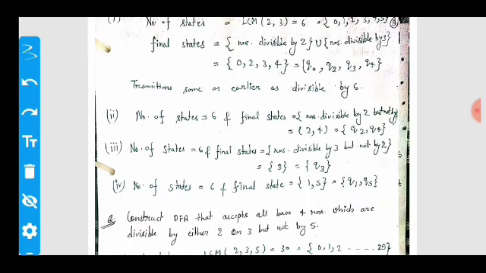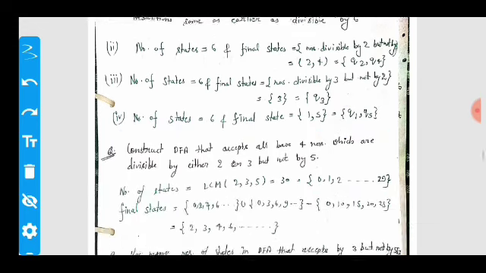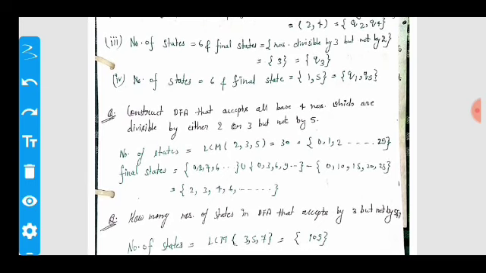Now move on to the next question. To clarify this concept easily, construct a DFA that accepts all the base 4 numbers which are divisible by either 2 or 3 but not by 5. So we take the LCM of the 3 numbers 2, 3 and 5, and we get 30. And 30 means states 0 to 29.